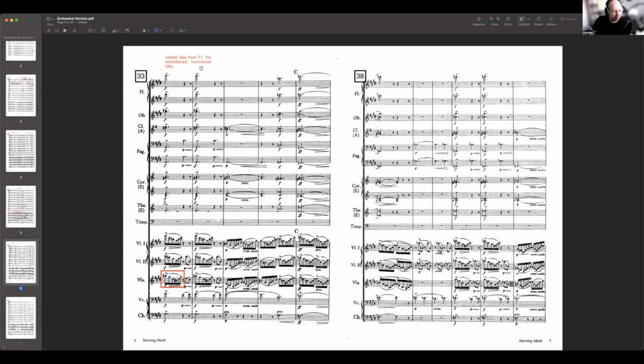Linked idea from T1, the embellished transitional idea. And that will tell us that perhaps Grieg has derived this accompanimental figure, this kind of gestural idea, from the previous theme, even. So there's keeping everything bound nicely together.